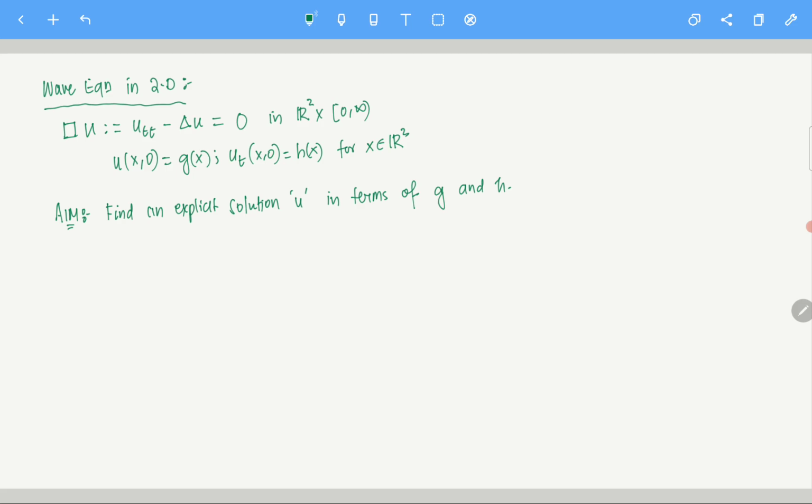Whatever we did initially for the three-dimensional case, we are going to do for the two-dimensional case. I mean, not the exact same thing, but the exact same kind of goal we have. So we want to find an explicit solution.